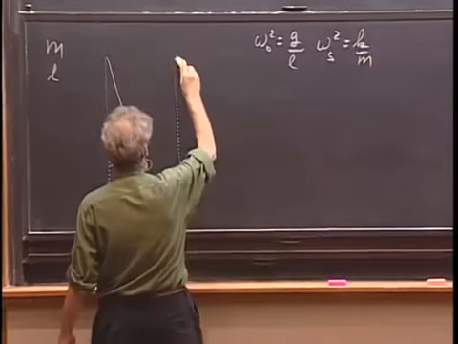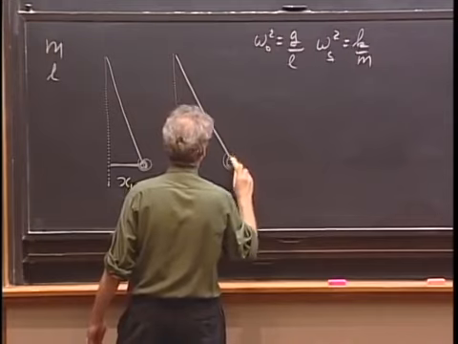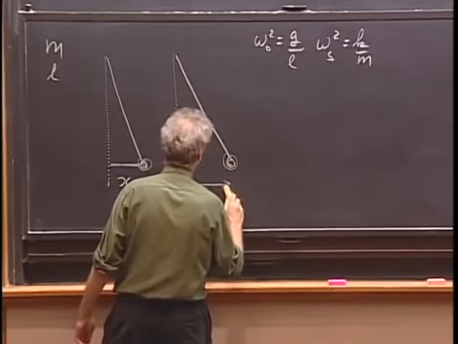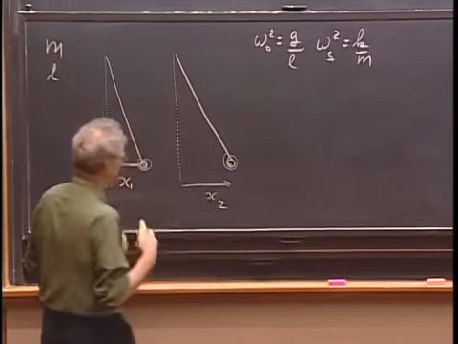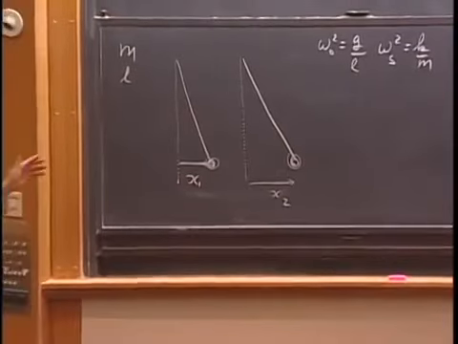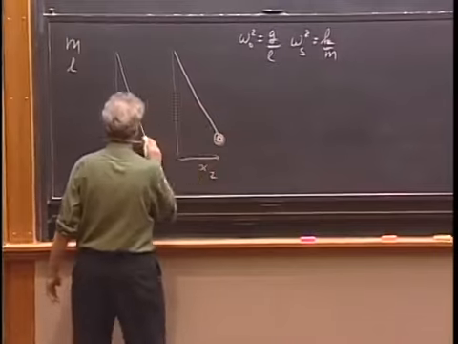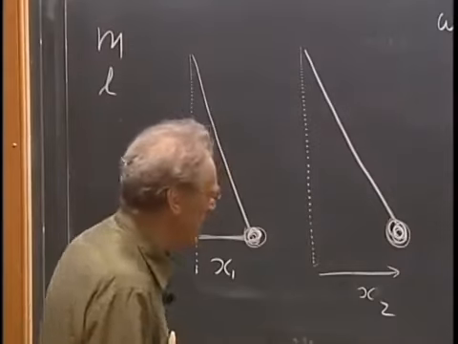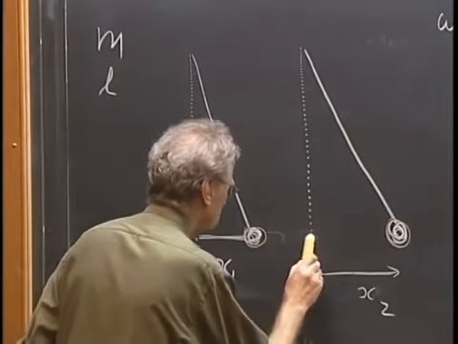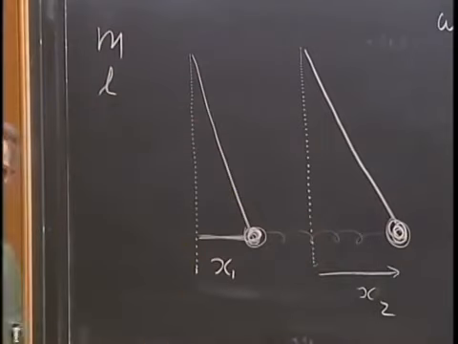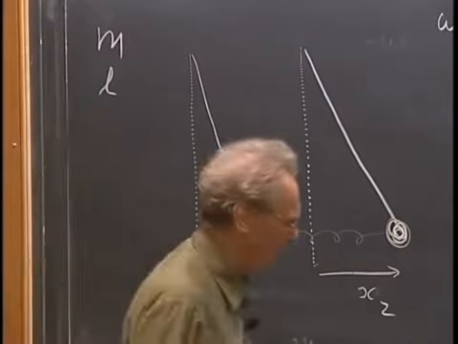And this one I offset over a distance x2. Notice, you don't have to do that, but I always offset them in the same direction. And then there is this spring that connects them. I will just make it very thin, the spring, otherwise the picture becomes a little too complicated.